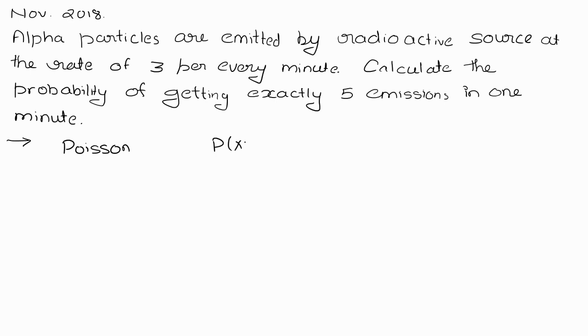Therefore, my P of x equals r will be what? e raised to minus m, m raised to r upon r factorial. This is the formula which we know. Now I just need the value of r and the value of m. Let's see, m is my mean. So let's see. These alpha particles are emitted by a radioactive source at the rate of 3 per minute.